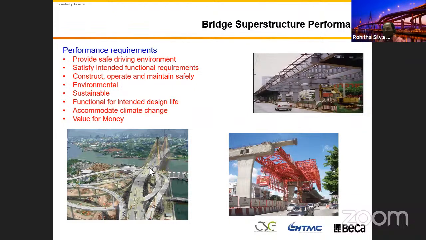We have this cable stayed bridge across the river. The other one you saw previously, I discussed the balanced cantilever bridge we built. Another thing, the bridge design should be sustainable. Especially in the concrete mix designs, we use a lot of fly ash and slag to minimize the cement.